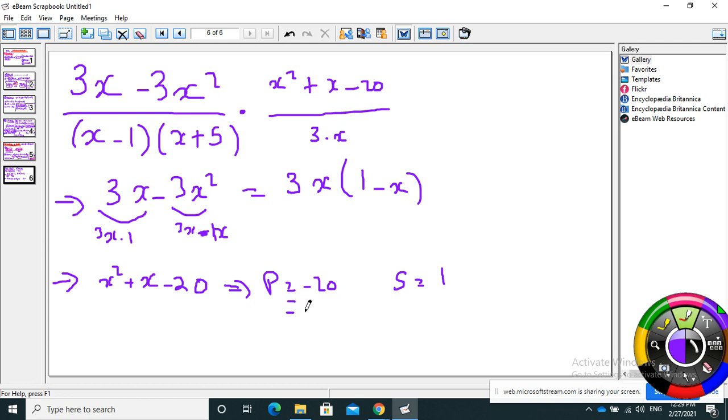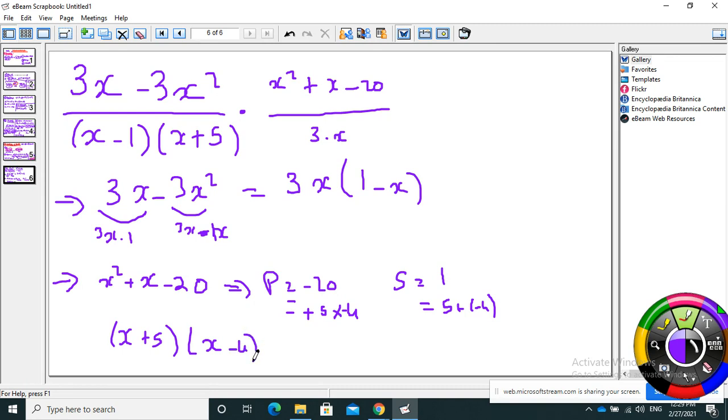It's plus 5 times minus 4... no, it will give minus 1, so it's plus 4 times minus 5, you see? If I add them, 4 plus minus 5, it's minus 1, so it must be plus 5 and minus 4, which gives 1. So that's it. I can factorize it by doing x plus 5 and x minus 4.